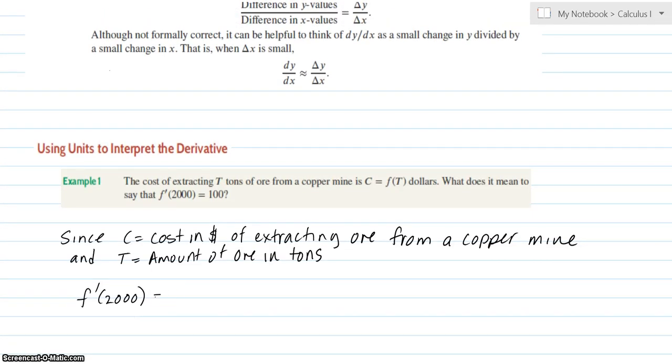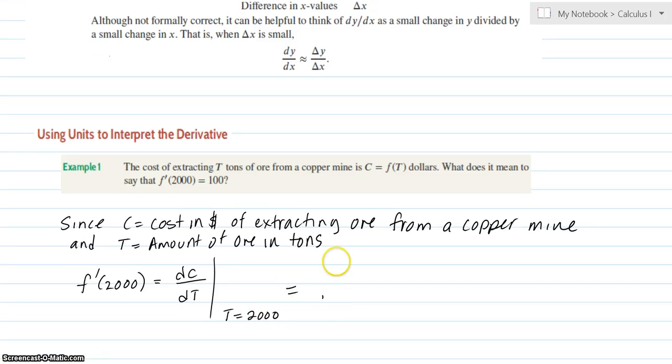So it's going to be dy over dx, but the y is in this case the C, and the x is the T. What I'm going to do is draw a line to represent that 2000. The book uses this notation, and the 2000 is the T, so they just put T as 2000 here to help us. And we know that is 100.